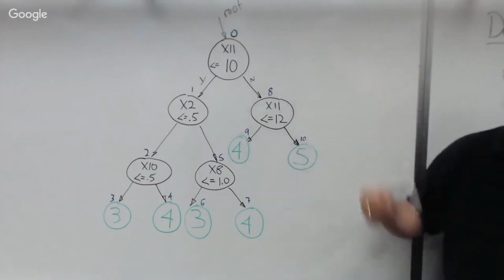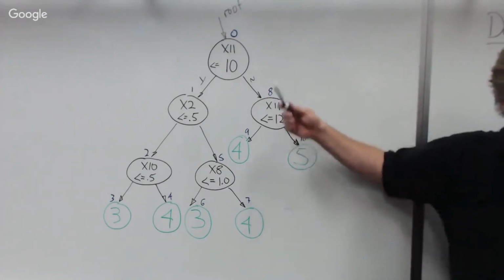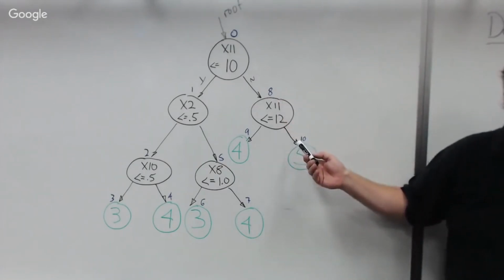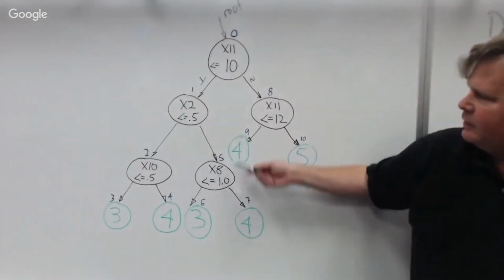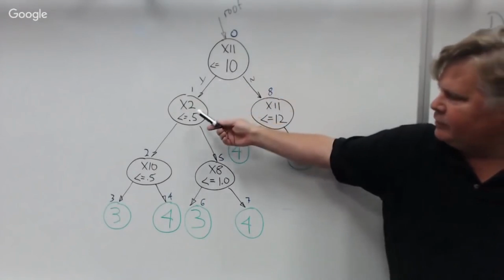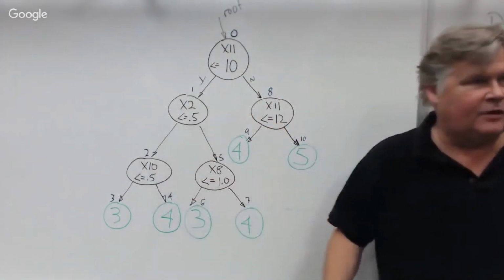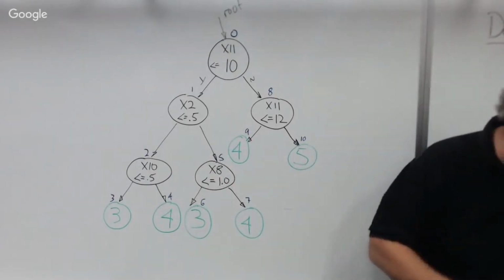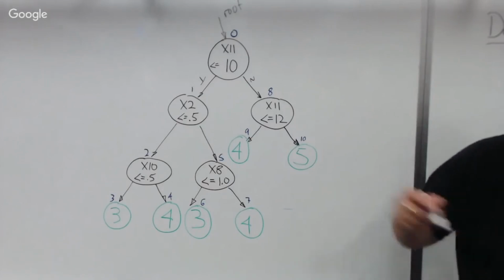You might have it at multiple levels within the decision tree, and it might be repeated. Now, note if you go down, say, this path, you use factor 11, 2, and 8, but you don't use factor 10, for instance.